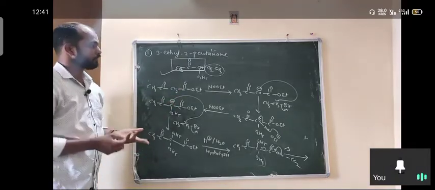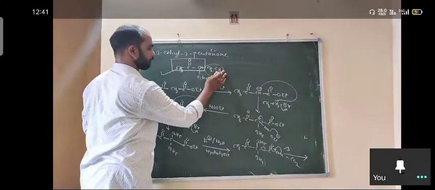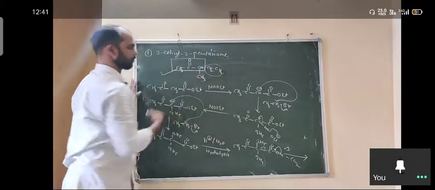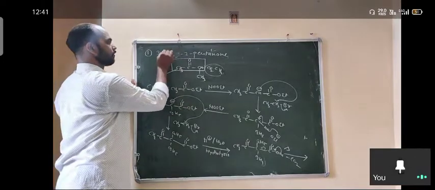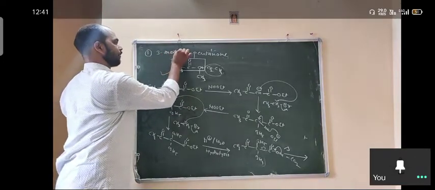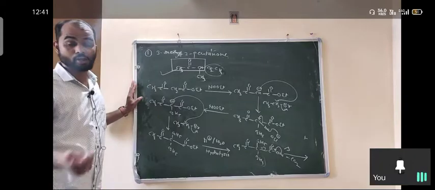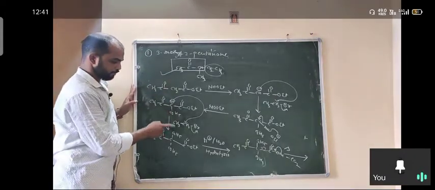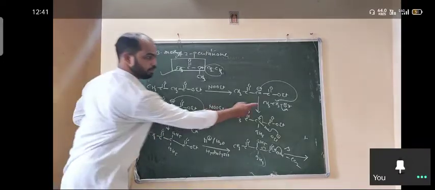Monoalkylation is also possible. Suppose CH3 is given, 3-methyl 2-pentanone is given. Then how do you plan the synthesis? This way. The first time you use ethyl bromide.